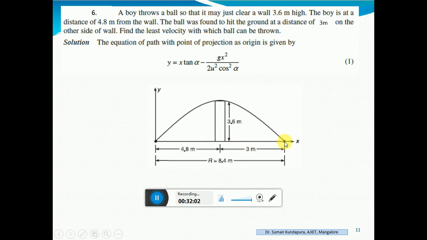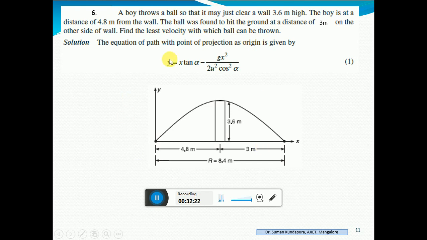So after 3 meter the ball will go and fall. Find the least velocity with which the ball can be thrown. So if they specify least velocity, we have to address that particular thing they asked.